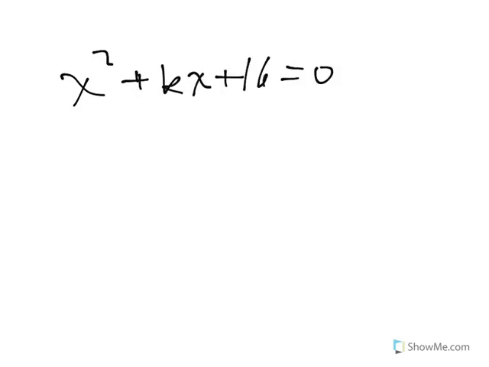So those are the 3 things that can happen. Sometimes on a Regents exam, they might test your knowledge of this by giving an equation like this and say for what values of k are there 2 real solutions, or for what values of k are there no real solutions. I like the question for what values of k is there 1 unique real solution.